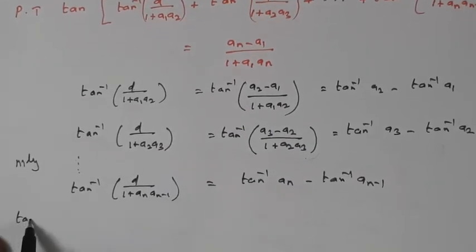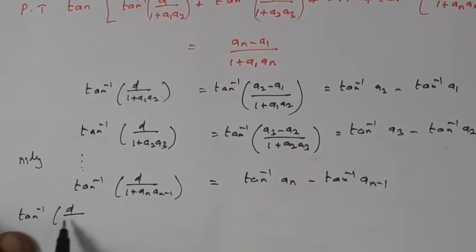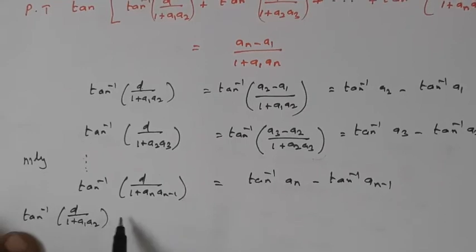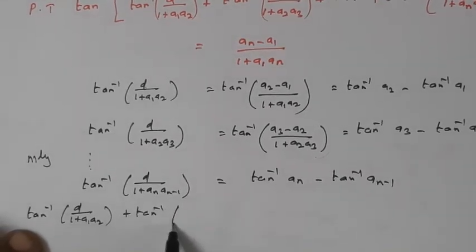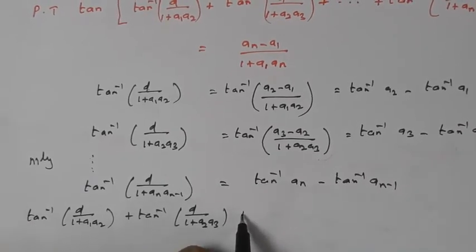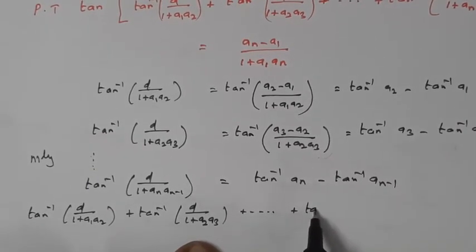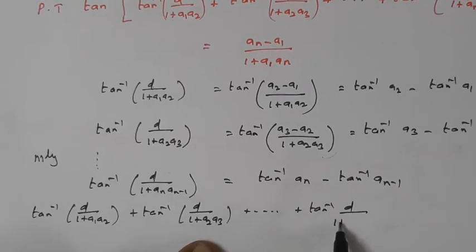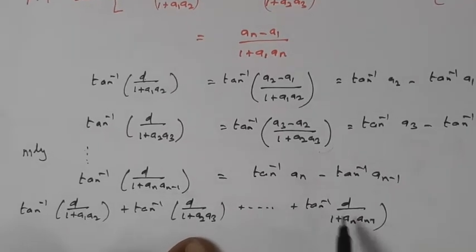So, adding, we have tan inverse of d divided by 1 plus a1 a2 plus tan inverse of d divided by 1 plus a2 a3 plus etc. plus tan inverse of d divided by 1 plus an into an minus 1.